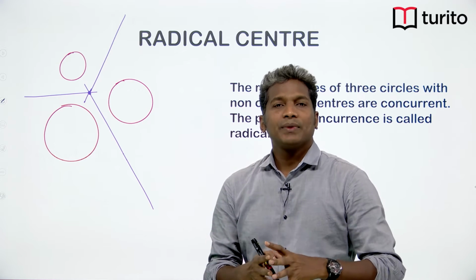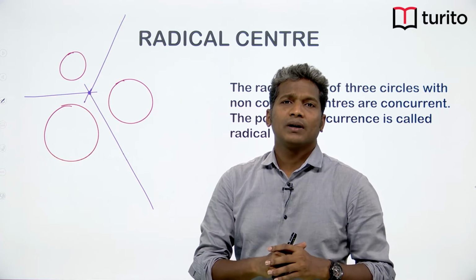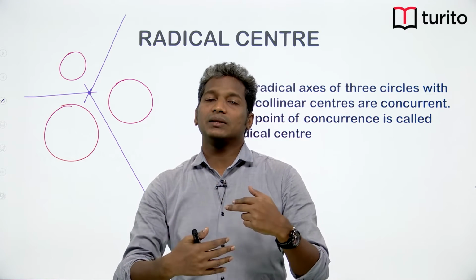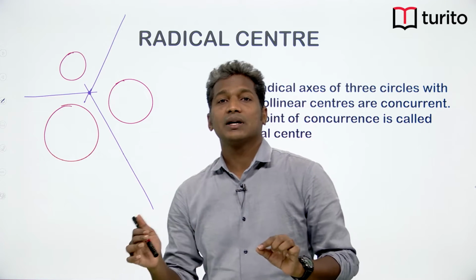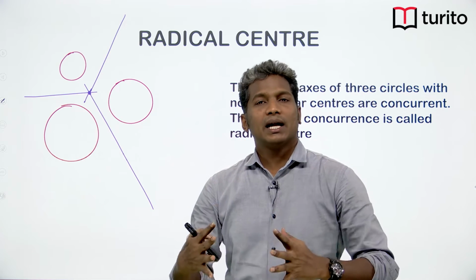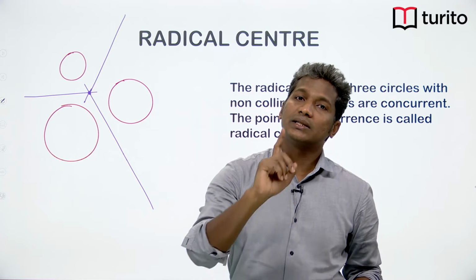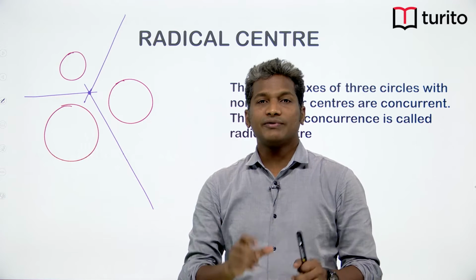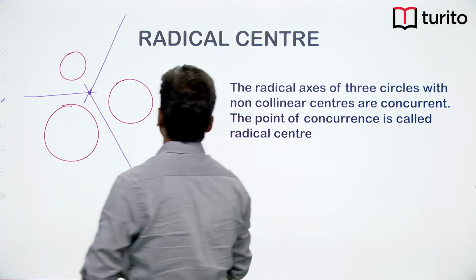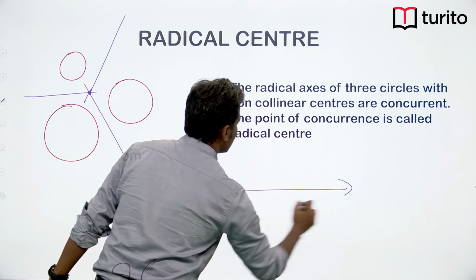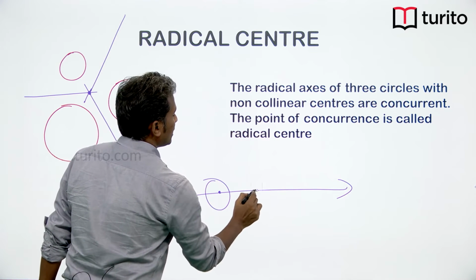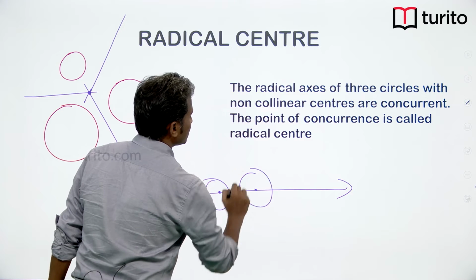In general, if the centers of these 3 circles are not collinear, then all 3 radical axes must meet at a single point. Now, if the centers of these 3 circles are lying on a straight line, for example, let us say we have a straight line, and on this there is one center, one circle, another center and another circle.